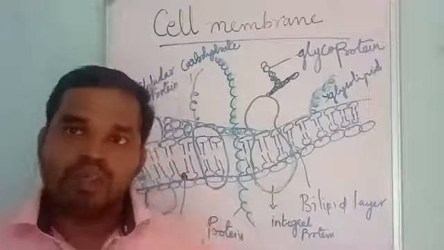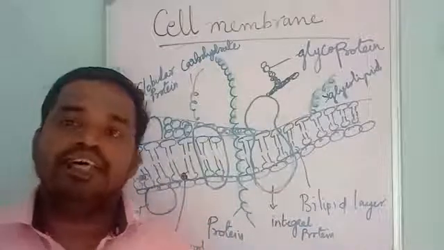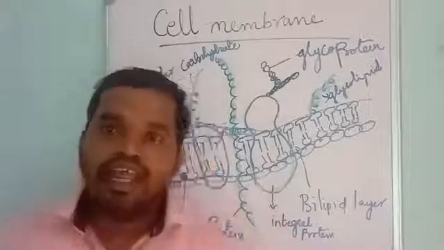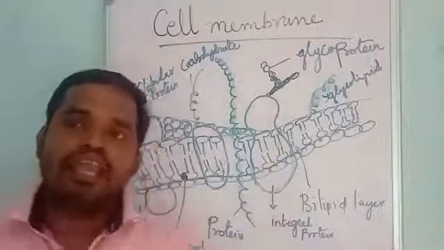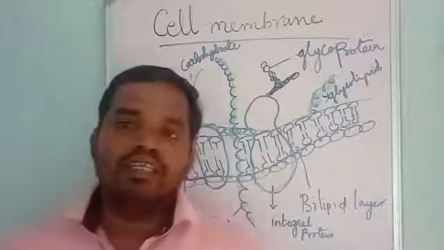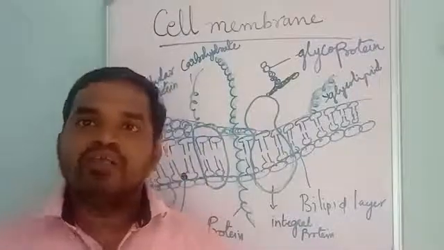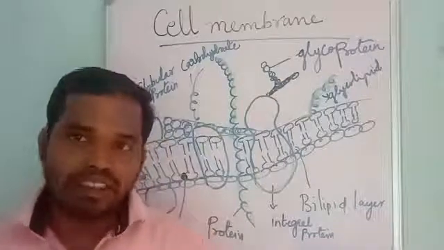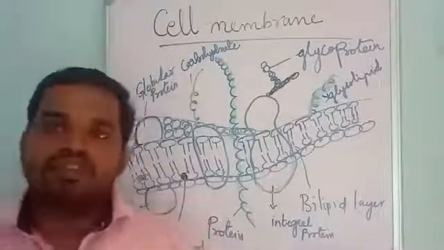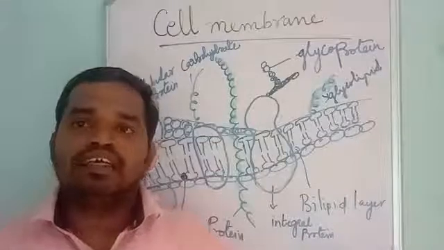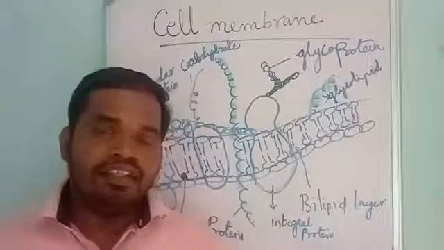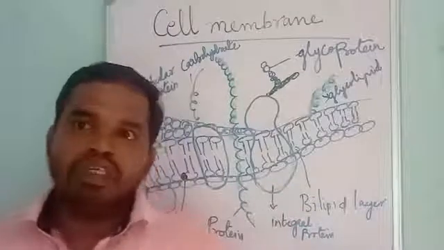For that, nitric oxide acts as a chemical messenger, helping the signal to be transported from the first messenger to the second messenger in order to perform the function of the cell. This is what we call cell signaling. We will discuss cell signaling in detail in later modules. Thank you.